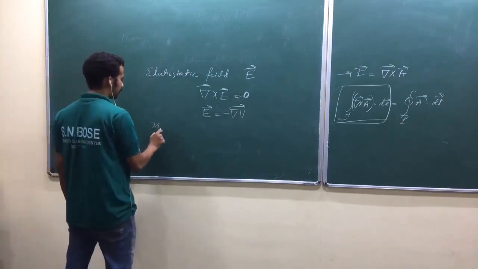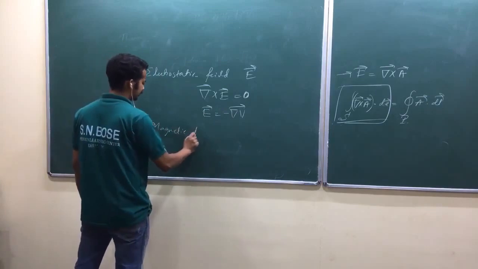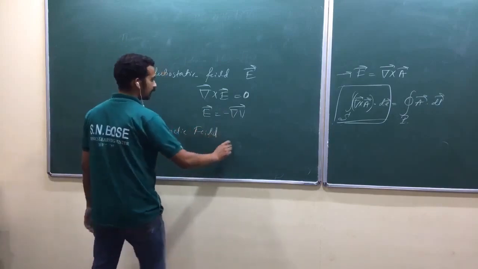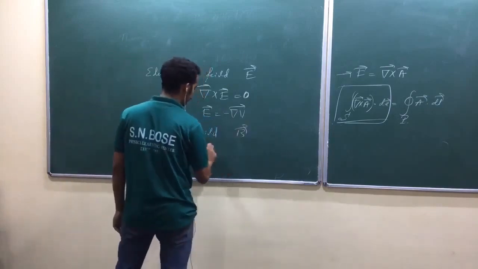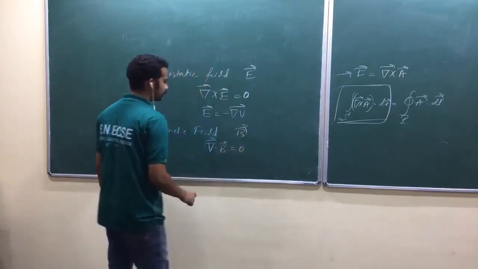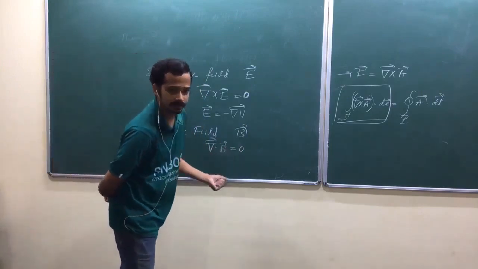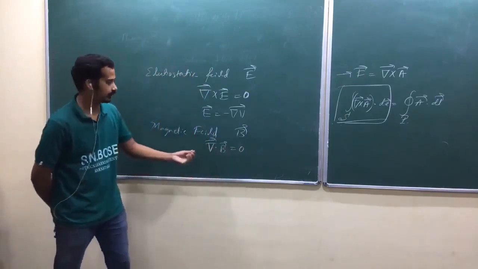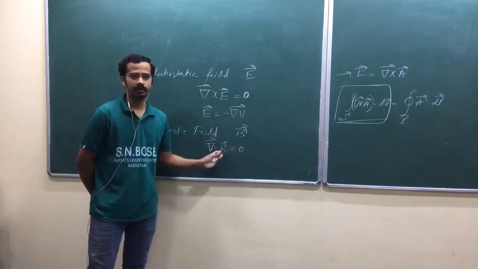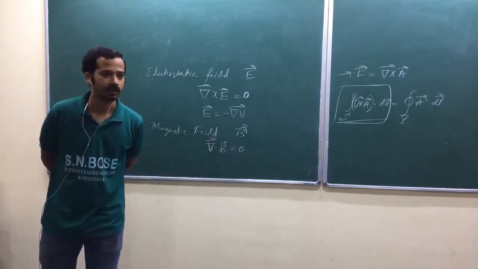Again, we have the magnetostatic field. The magnetic field always has a property. What is that? We say a magnetic monopole doesn't exist. Magnetic charge doesn't exist. If magnetic charge existed, it would have given divergence, when you have a single point source. Are you getting my point?